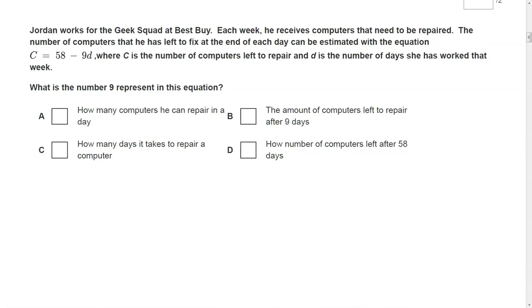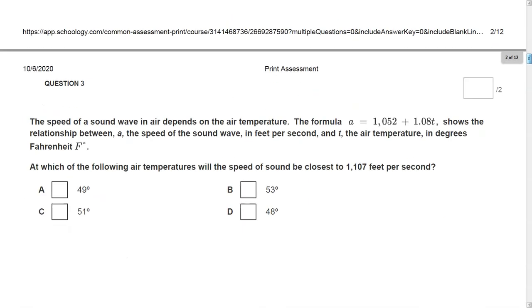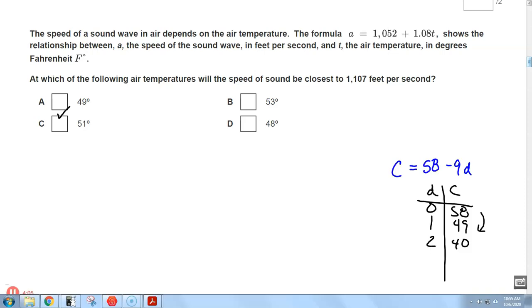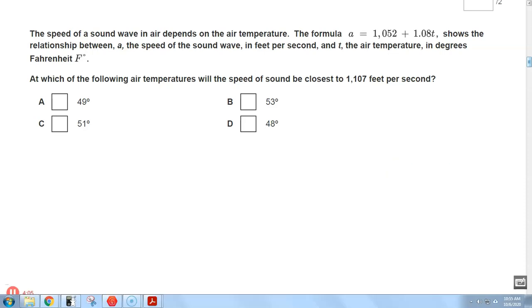All right. Next one. The speed of a sound wave in air depends on the air temperature. And the formula A equals 1052 plus 1.08T can model the relationship between speed and temperature.